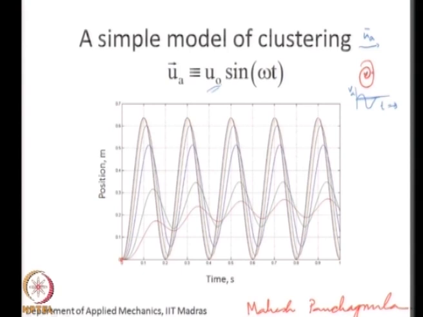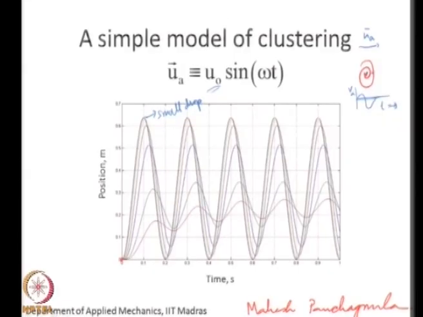Now, if I put drops at x equal to 0 in this oscillatory flow field, the smaller drops are just going to go back and forth. So, you see this is for a small drop. The blue line for example is for a small drop, and it is simply going to ride the wave back and forth along with the air stream.